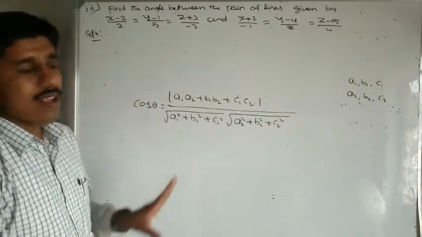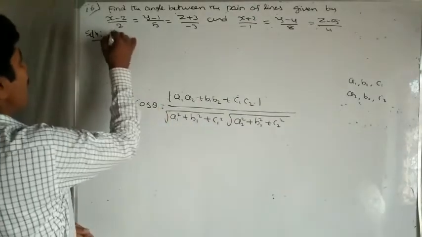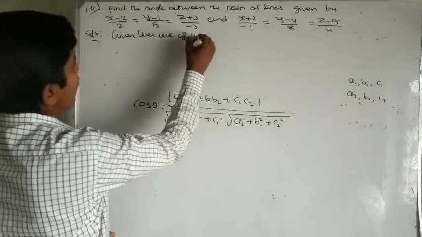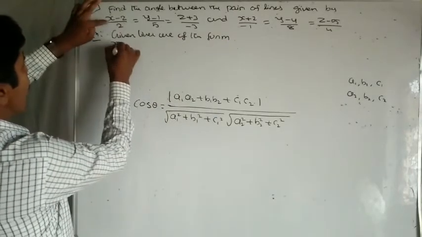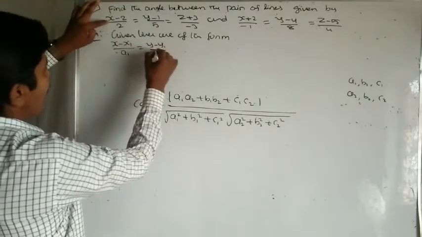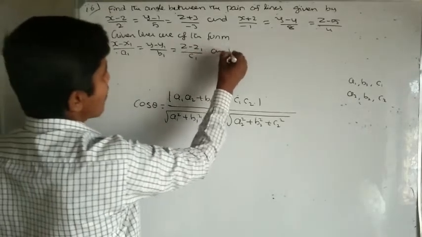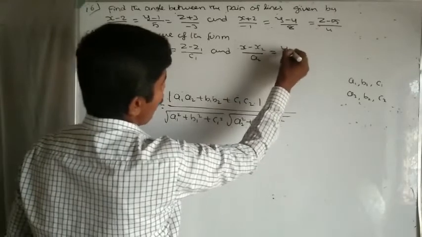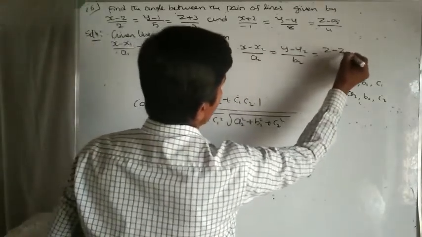This is the formula. The given lines should be of the standard Cartesian form. First line: (x minus x1) by a1 equal to (y minus y1) by b1 equal to (z minus z1) by c1, and second line: (x minus x2) by a2 equal to (y minus y2) by b2 equal to (z minus z2) by c2.